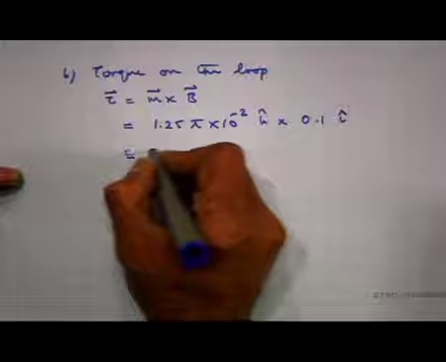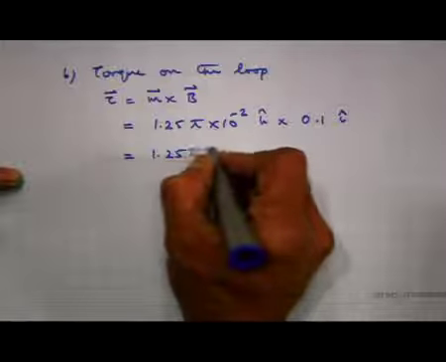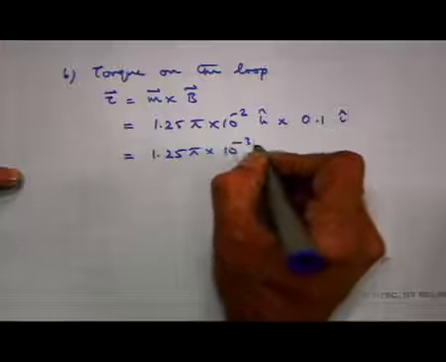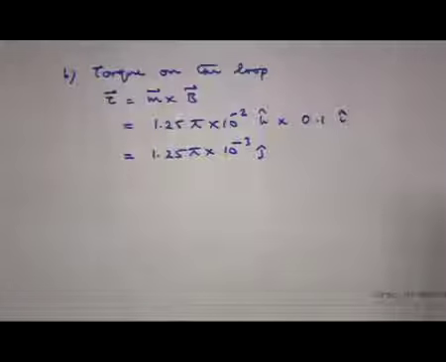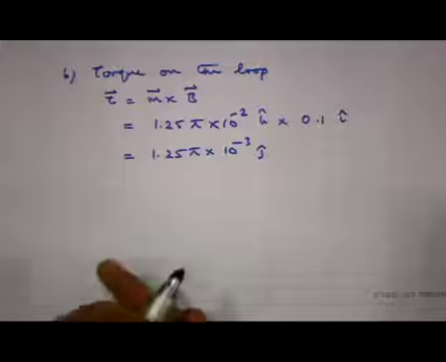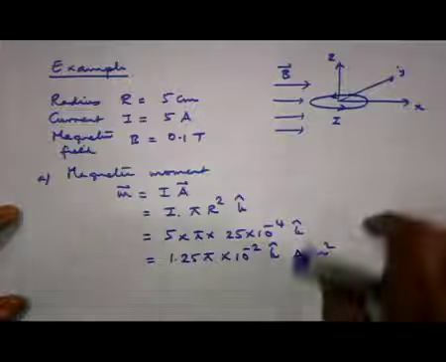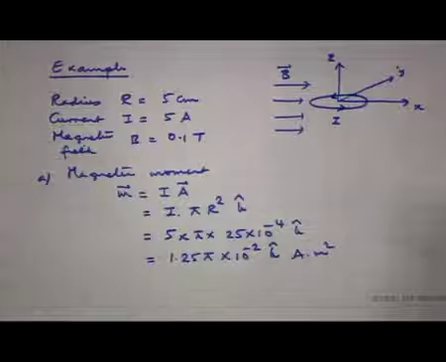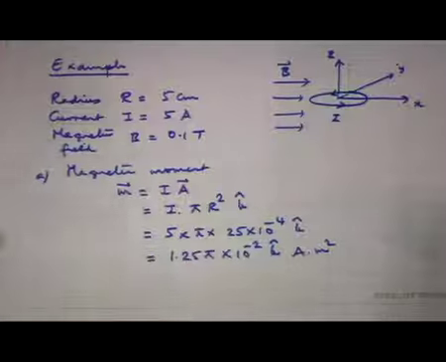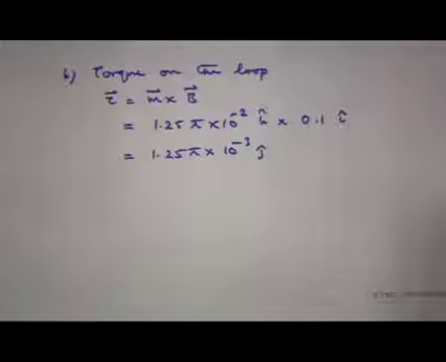So, this is equal to 1.25 pi into 10 to the minus 3 j cap. k cap cross i cap is j cap, and as you can see there is a torque acting along the j cap direction. So, j cap is in this direction. So, the torque is tending to align the loop, the area of the loop, to be along the x axis. So, there is a torque acting on this loop which is tending to align it, and the torque is oriented along the j cap direction.